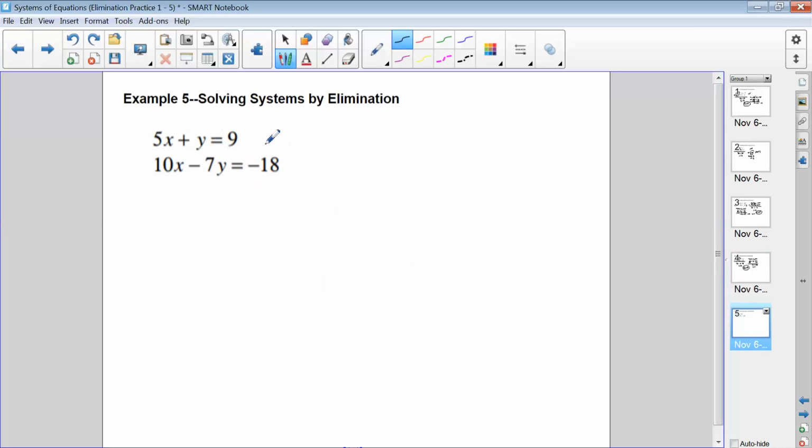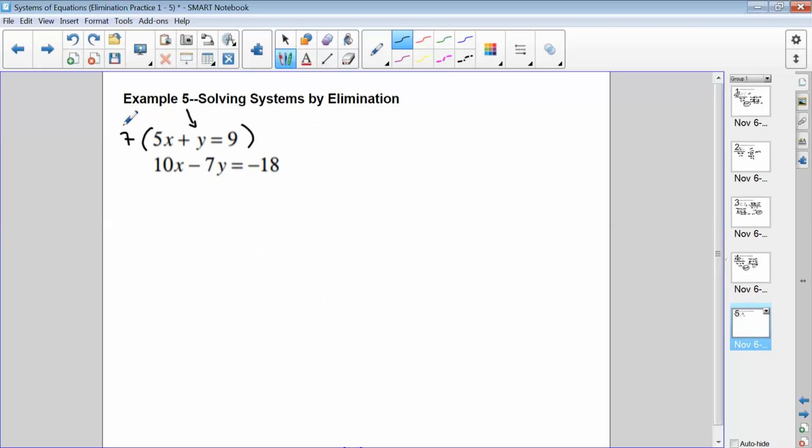Last problem with this video, and we're looking at our system that's given, and notice that I've got a coefficient of 1, negative 7, 5, 10. Nothing's the same. However, we could multiply the top equation by 7, and that would allow us to eliminate the y's.